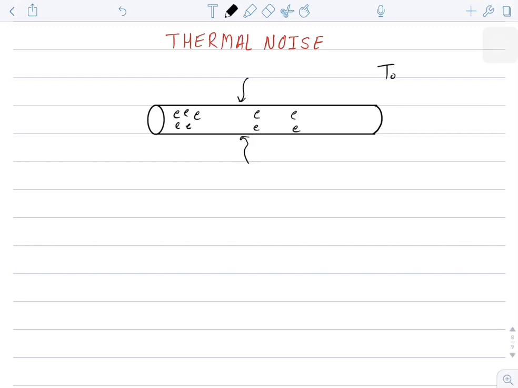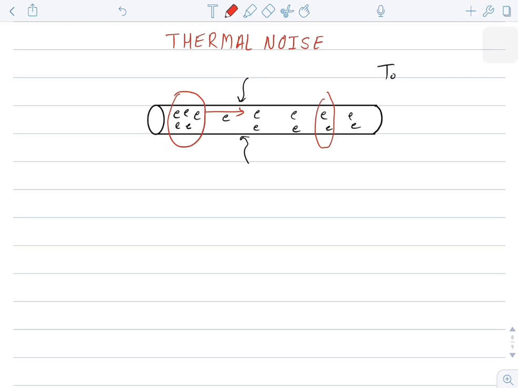The electrons are not distributed uniformly throughout this conductor. Even though I didn't apply any voltage here, since the concentration of electrons is more here when compared to this point, some electrons will tend to move in this direction in order to make uniform distribution.